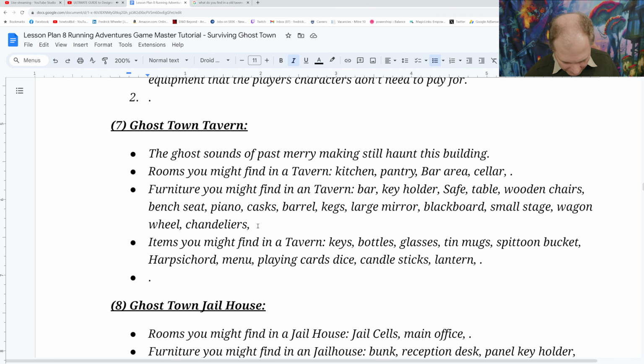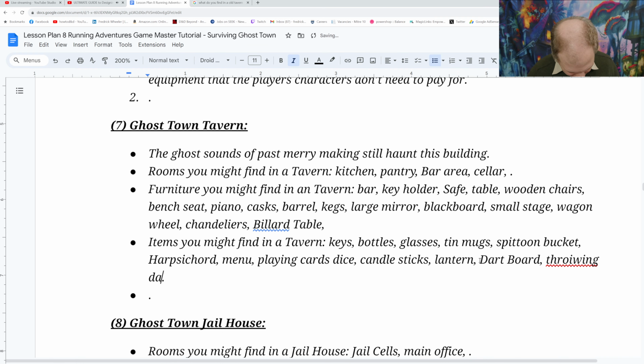The billiard table, I feel like it's furniture though. Billiard table. Okay, and then you need a dartboard. Throwing darts. Okay, yes.